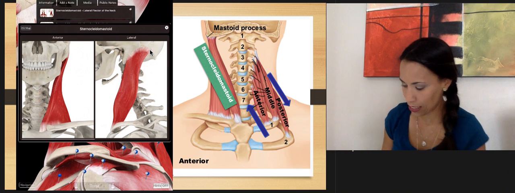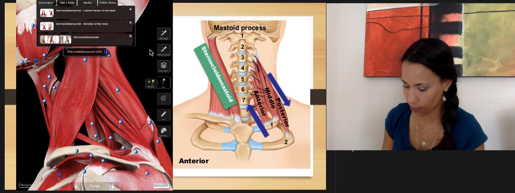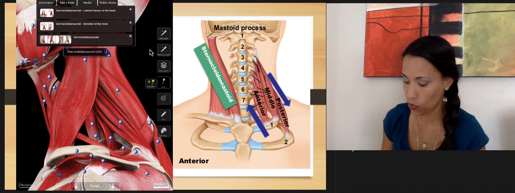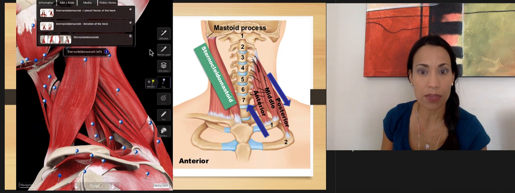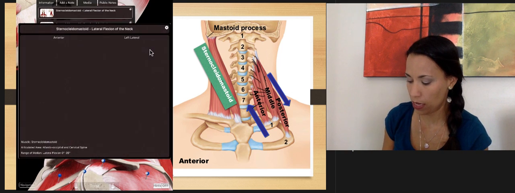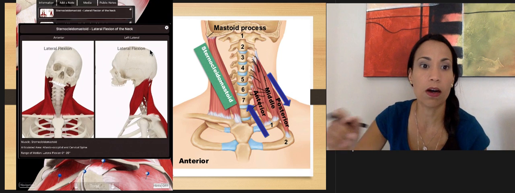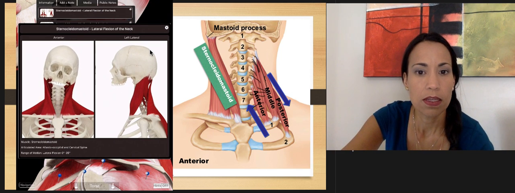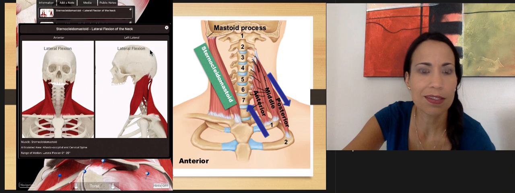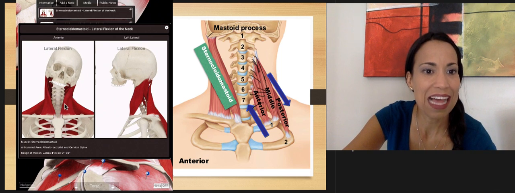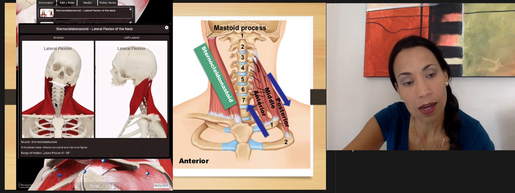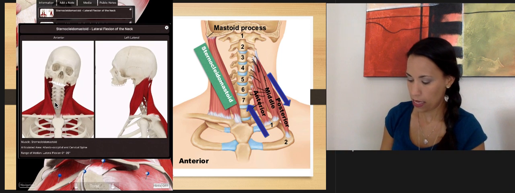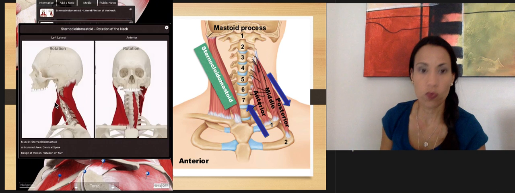Now look at the muscle in action, and the actions that I'm going to show you here apply for the sternocleidomastoid and the scalenes. So that's lateral flexion, and here we have rotation.